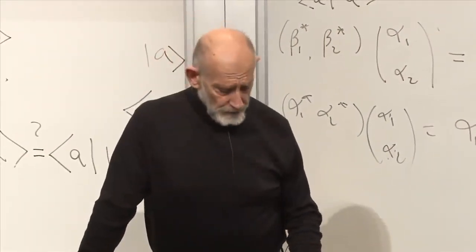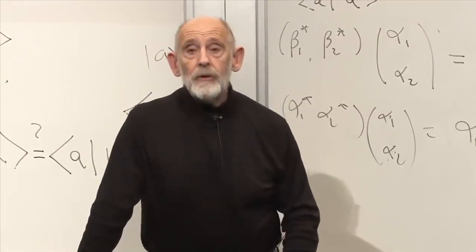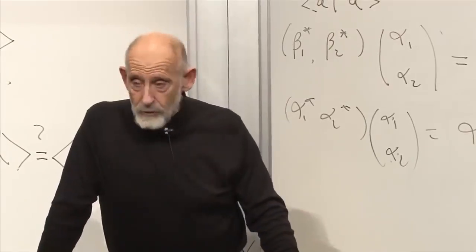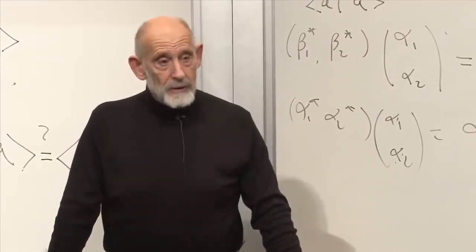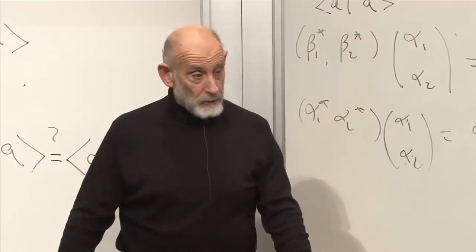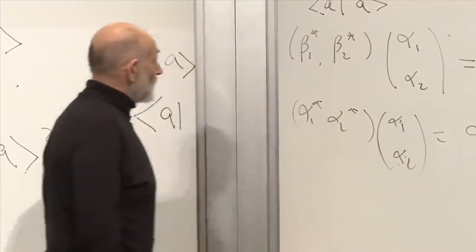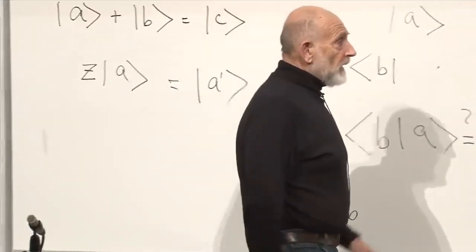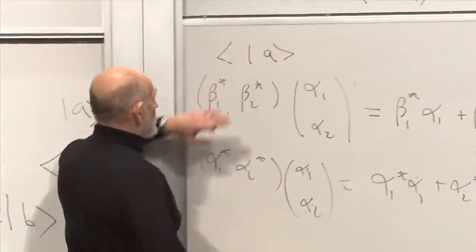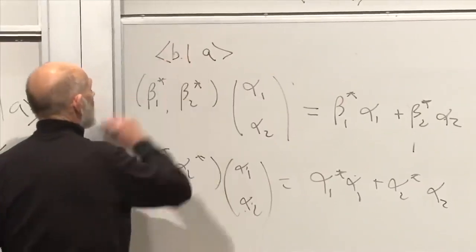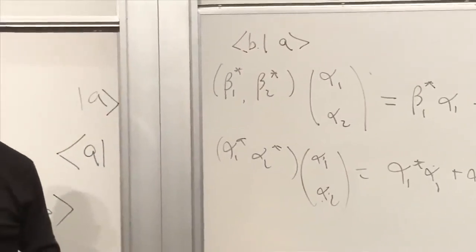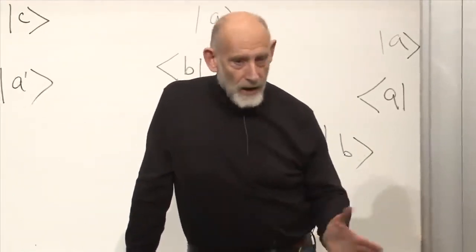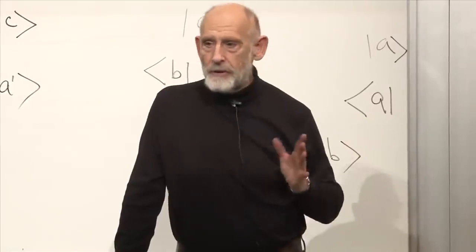Next notion, important notion: the notion of orthogonality of vectors. It is, as we'll see, a very important one. I'll give some examples in a few minutes. The notion of orthogonality between two vectors is exactly the same as it is for ordinary vectors: the inner product, read dot product if you like, is 0.